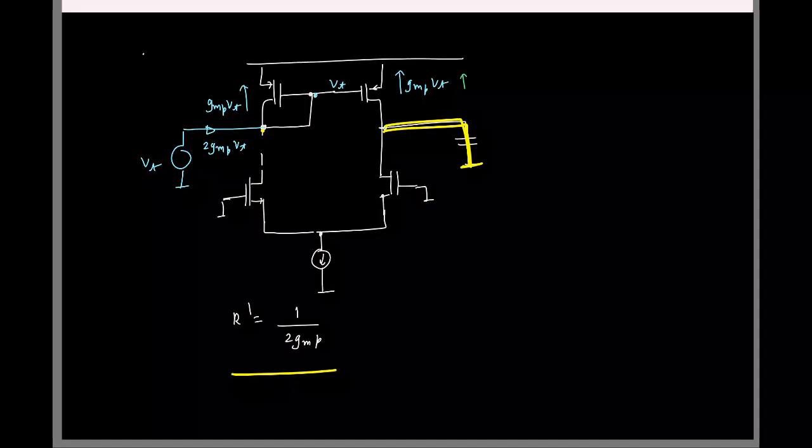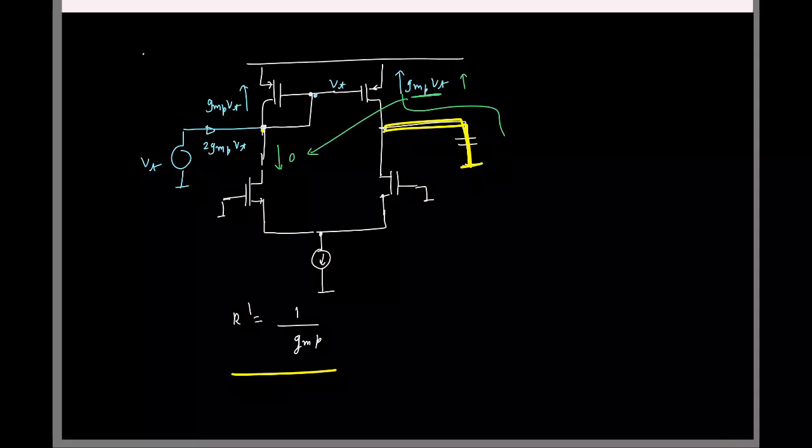It will flow to the short. So none of the current will actually reach the other side. That is, the contribution of GMP here will be 0. So around that frequency, the conductance will be only GMP. That is why the non-dominant pole was actually at GMP by C3.